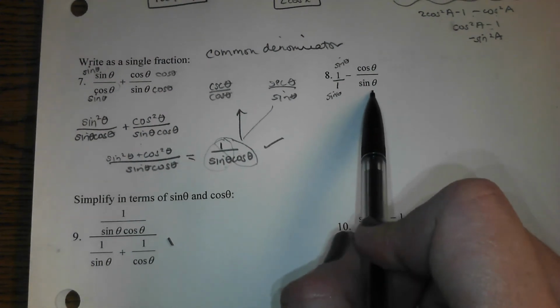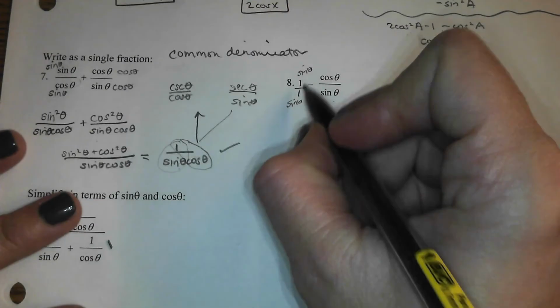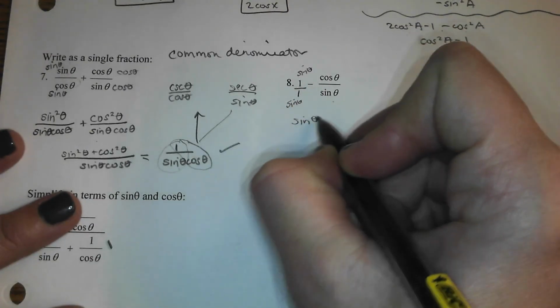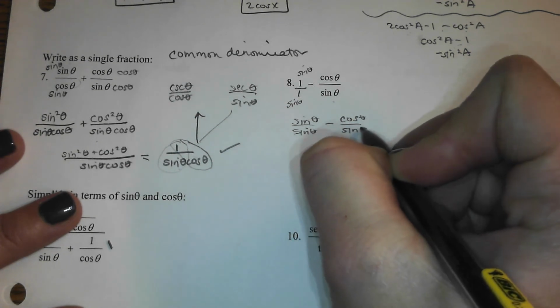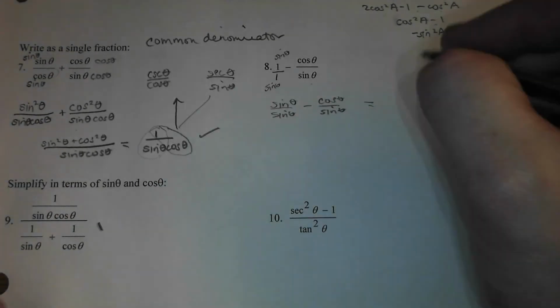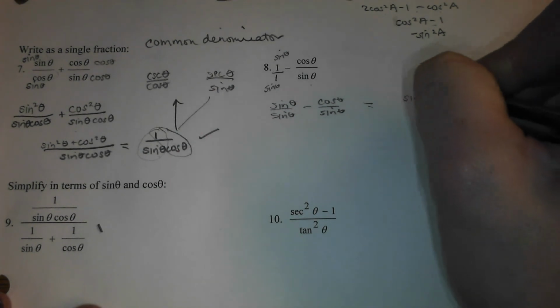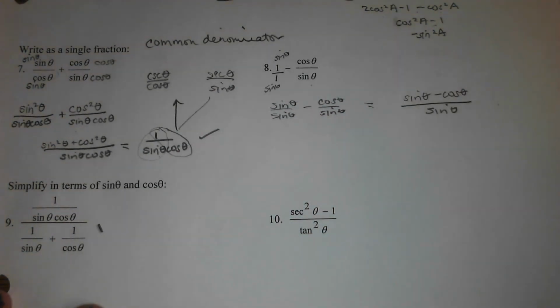Nothing. You could give it a 1 if you wanted to, but that doesn't really do anything. So you have sine theta over sine theta minus cosine theta over sine theta. You have a common denominator, so now you're ready to condense this into a single fraction. Sine theta minus cosine theta all over sine theta.